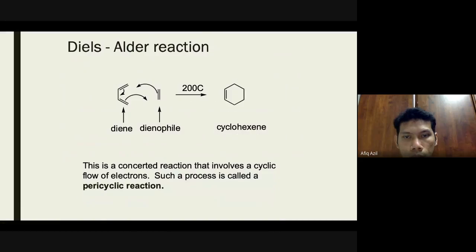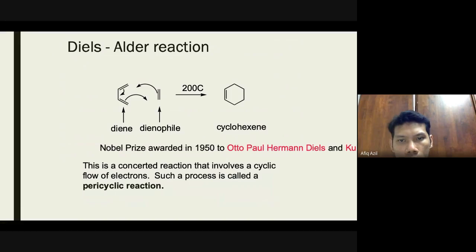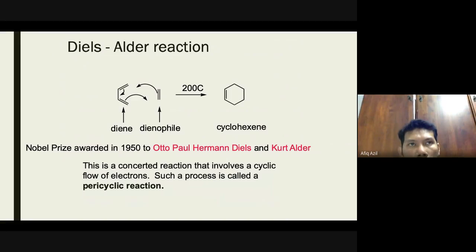This one. And to the last part, which is the Diels-Alder reaction. This reaction was actually discovered by these two researchers, Otto Paul Hermann Diels and also Kurt Alder, who were awarded the Nobel Prize in Chemistry in 1950 for finding out about this reaction.